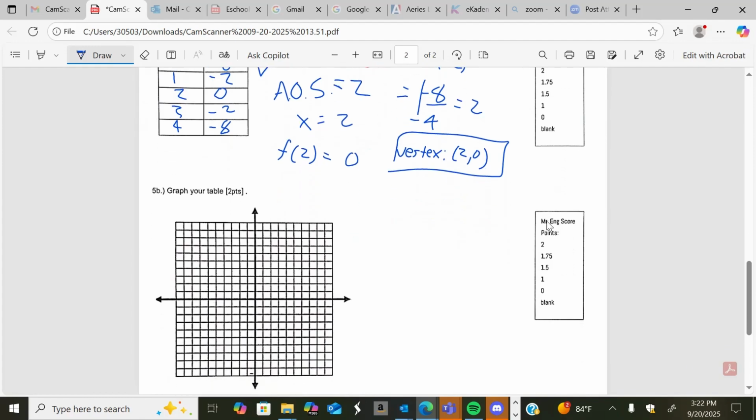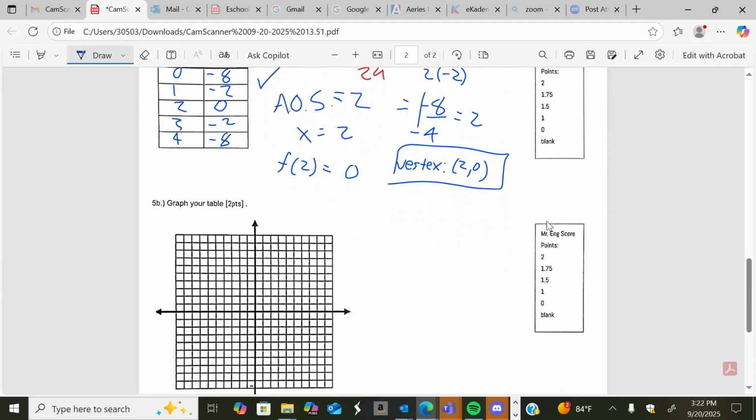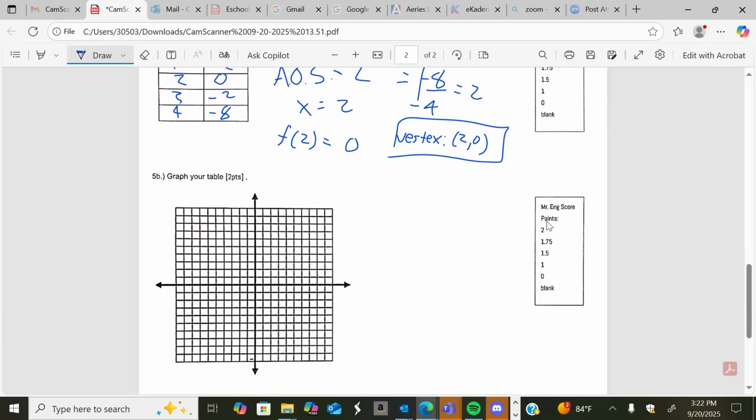So the last thing we need to do is just graph this. So we can go ahead and graph this. We have 2, 0 should be somewhere around here. And then we have 3, -2, somewhere down here, 4, -8, down here.